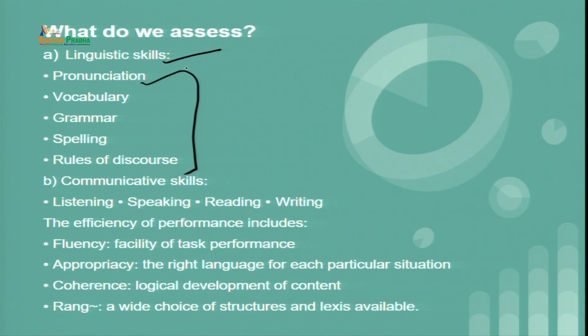So first is pronunciation. You see that many students have difficulty in pronouncing the s sound and the sh sound. Similarly, dark l and light l, and plenty of other sounds they find difficult. Many times, because of the interference of the mother tongue, there is difficulty in pronouncing the right and accurate sounds.